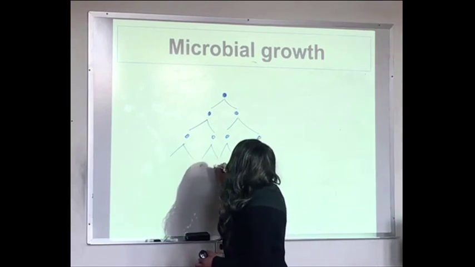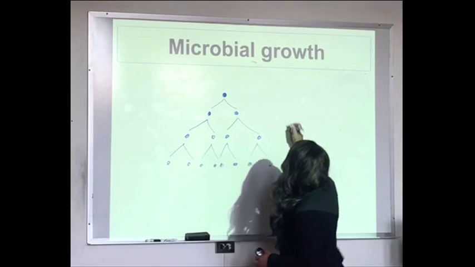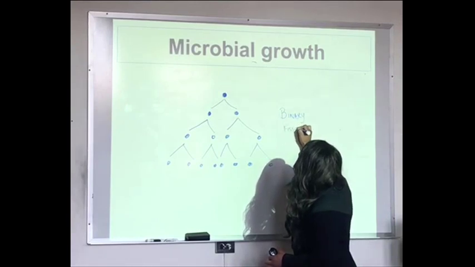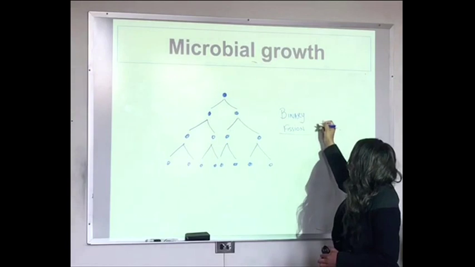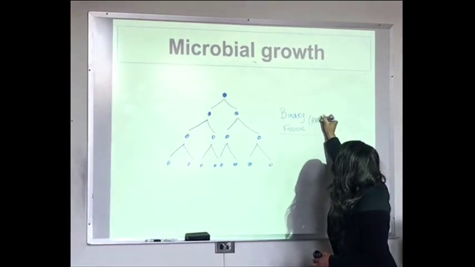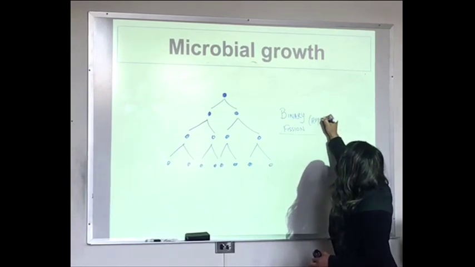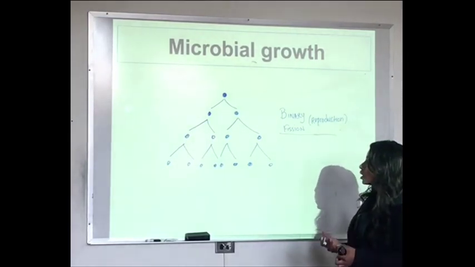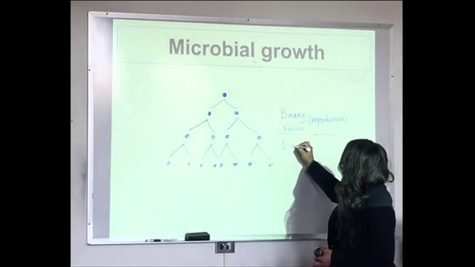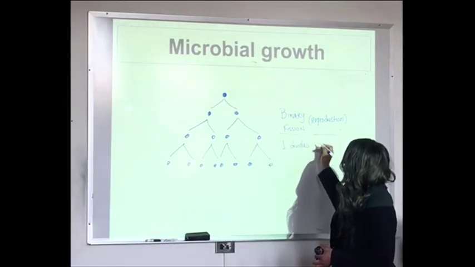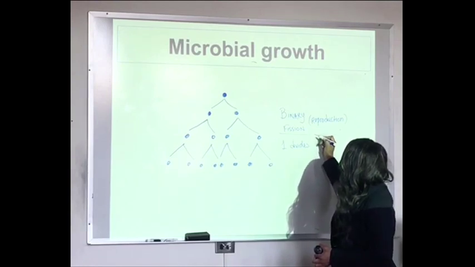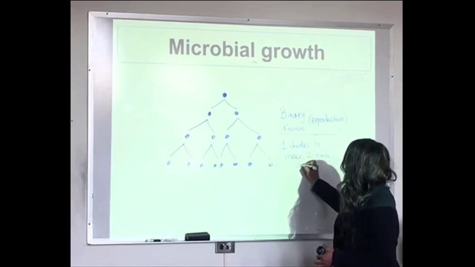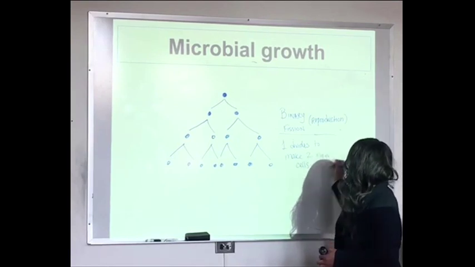So every time the cell divides and gives rise to more cells, we call this process binary fission. So binary fission is the reproductive process of bacterial cells. When one cell divides to make 2 new cells, all right, 2 new identical cells.